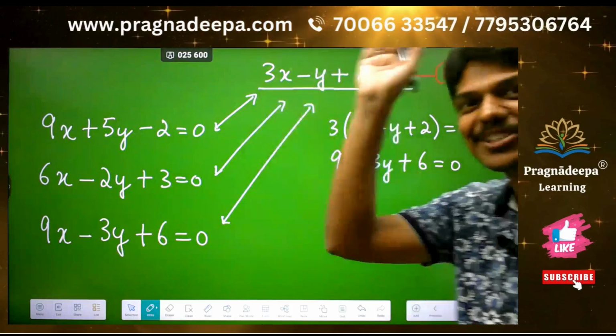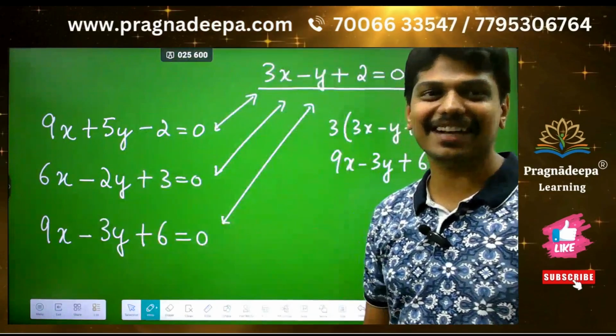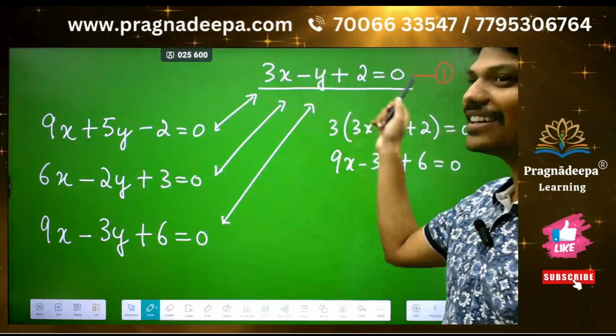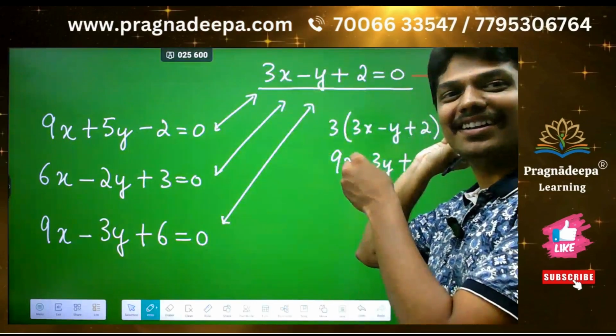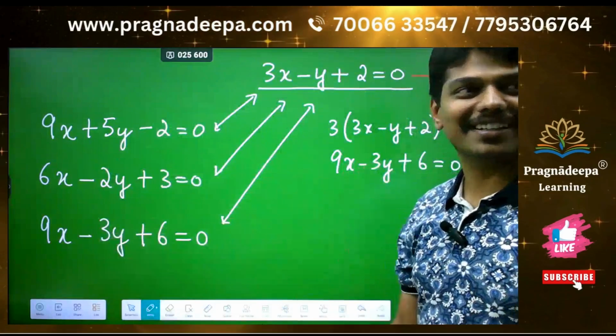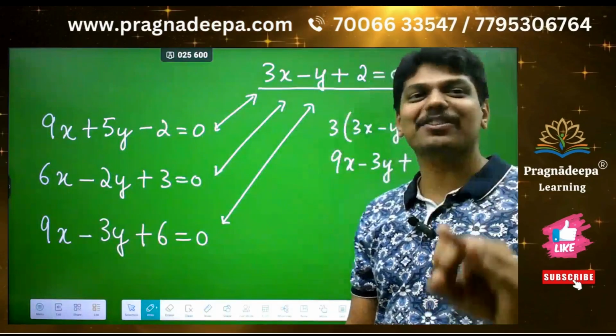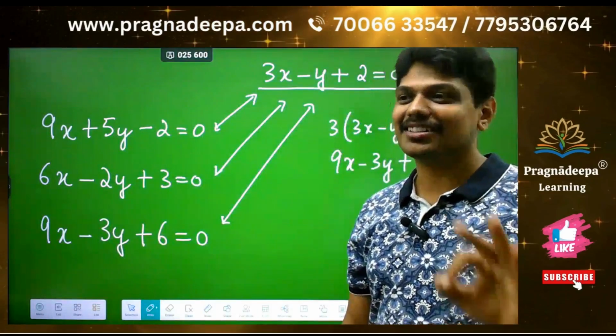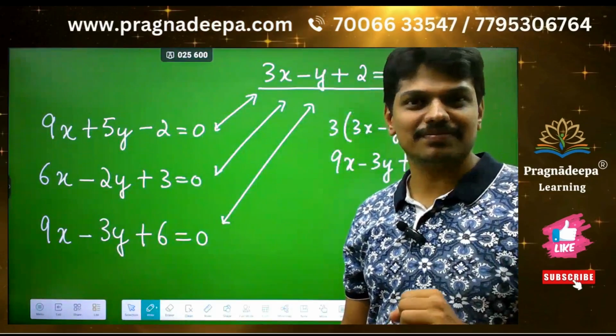It's very easy to design coincident lines. Given a line, you multiply some number to everything. A1 by A2 will be equal to B1 by B2 will be equal to C1 by C2. Is this clear?